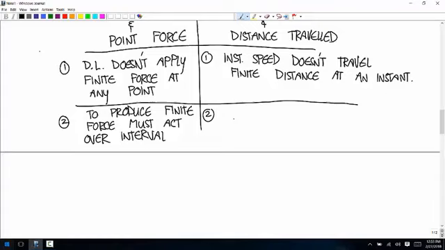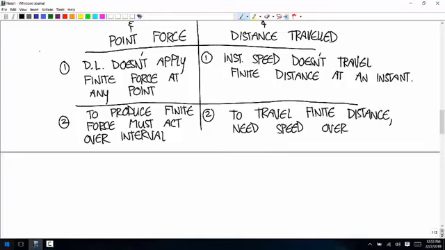So to travel a finite distance, you need to have the speed over a time interval.